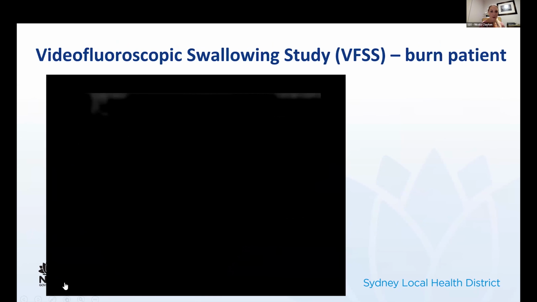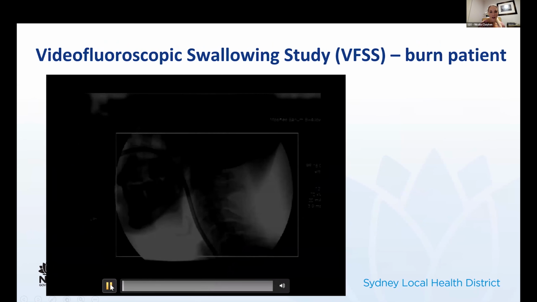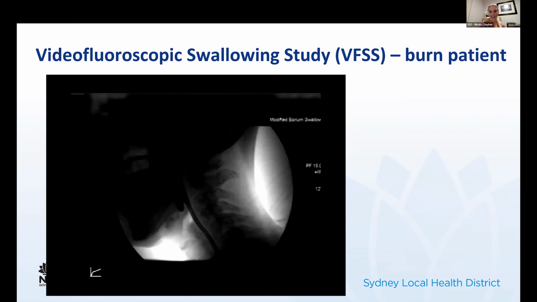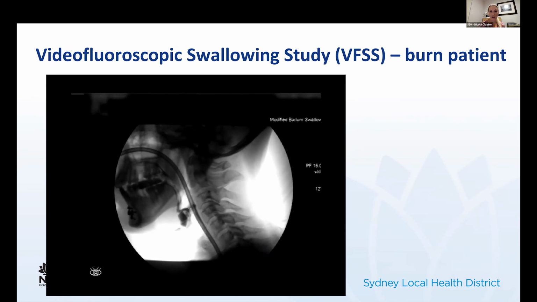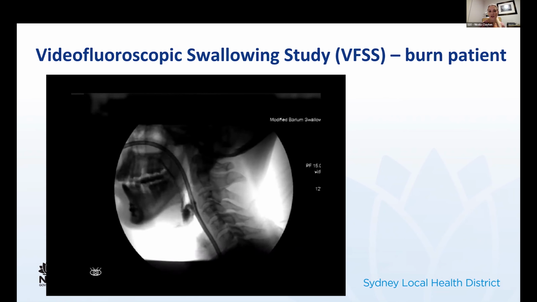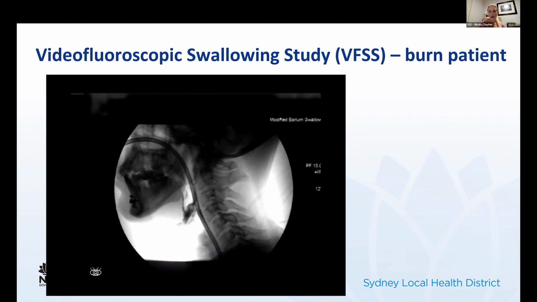As opposed to a burn patient here, as you can see in this image, the presence of the nasogastric tube. It looks like a very large or wide bore tube, but in fact, it actually is a fine bore. It just looks enormous in this patient. But you can see just how much this patient is struggling with transporting the contrast material from the oral cavity through to the esophagus.